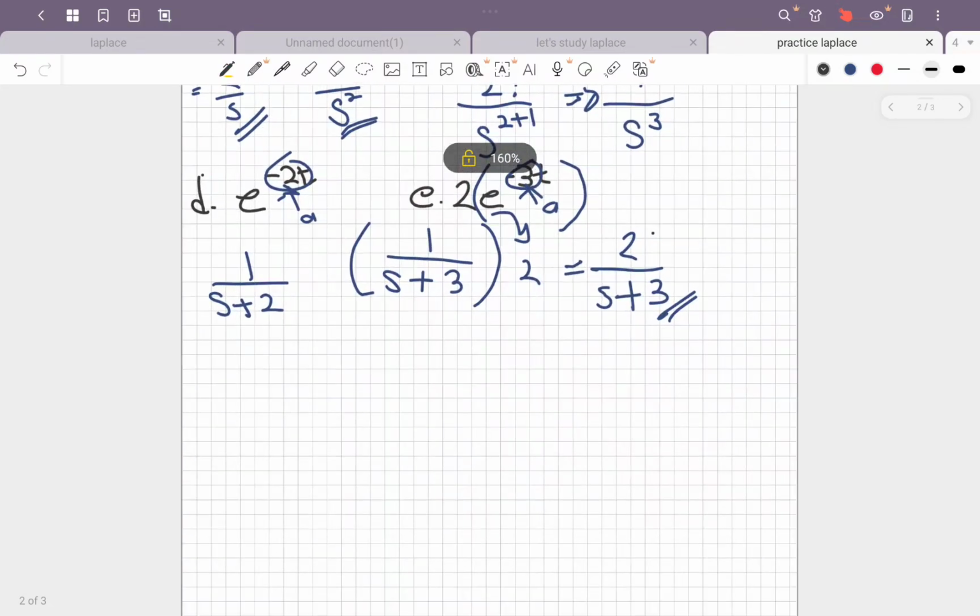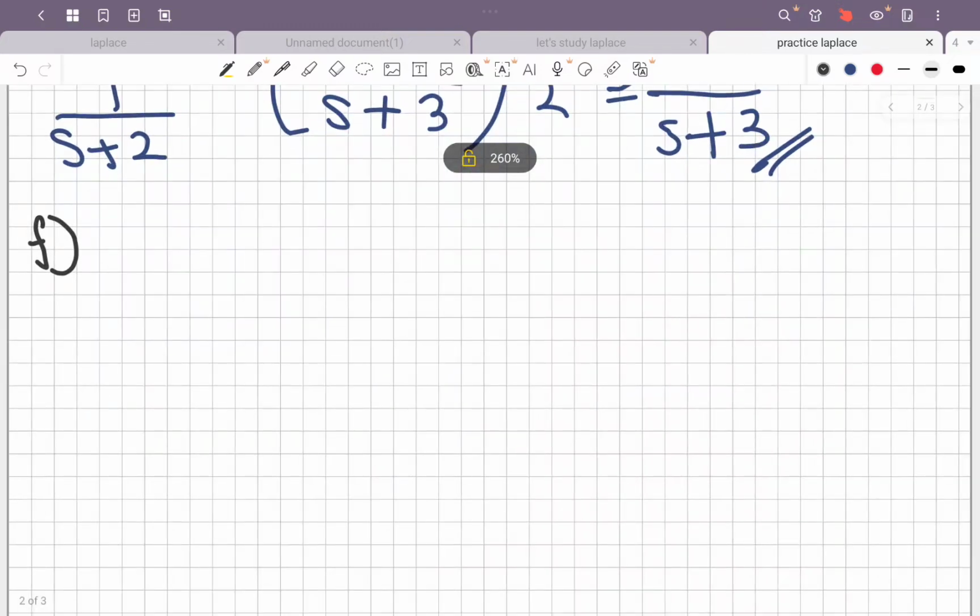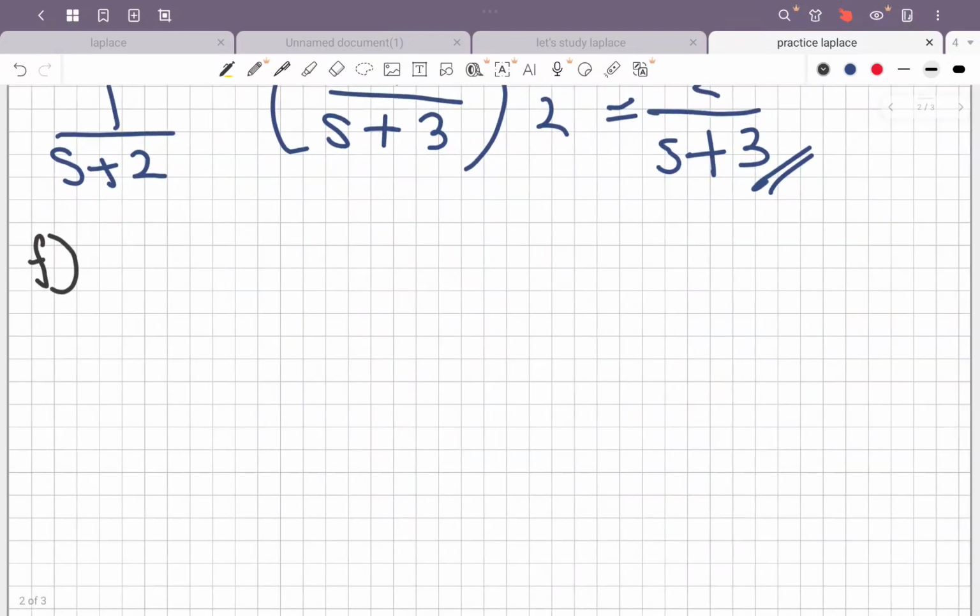Let's move on. Question E. Now we cover question F. On question F, we have to level up our rules.